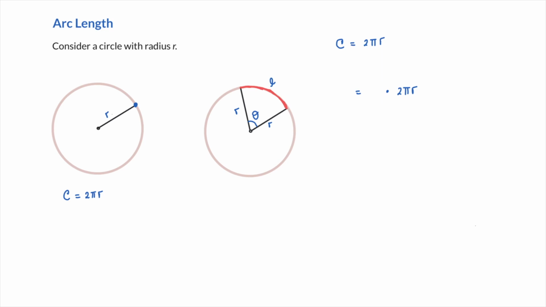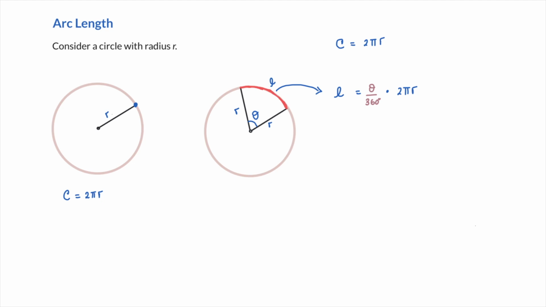So I'm going to multiply this by theta over 360. This fraction is telling you how much of the entire circumference you want. I only want this much. And that is going to give you beautifully the length of this particular arc, the red arc of the circle.